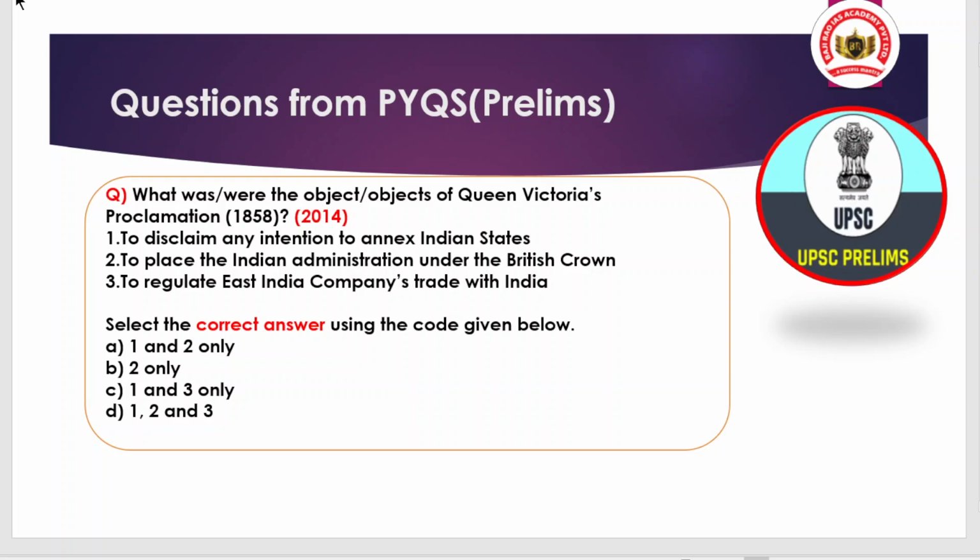Okay, so after that there was a proclamation from the British government, and also there was a passage of Government of India Act 1858. You should have remembered this as well.